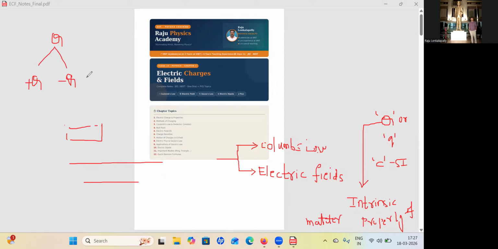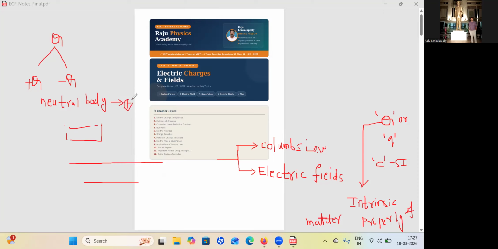Positive and negative charges: if you take any neutral body, that neutral body consists of an equal number of electrons and an equal number of protons.